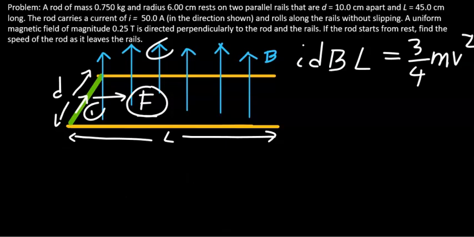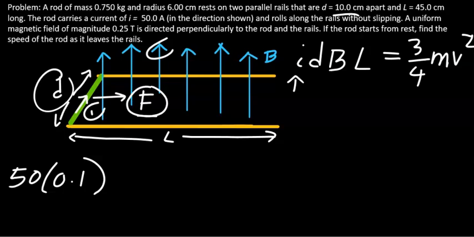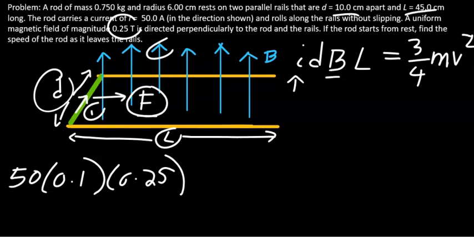The current is 50 ampere, so that's I. D is given to be 10 cm, so let's convert that into meter, 0.1 meter. B, the magnitude of the magnetic field, is 0.25 Tesla, that's given there. And capital L is 45 cm, so 0.45 meter.